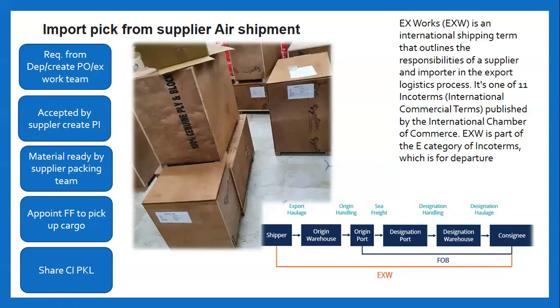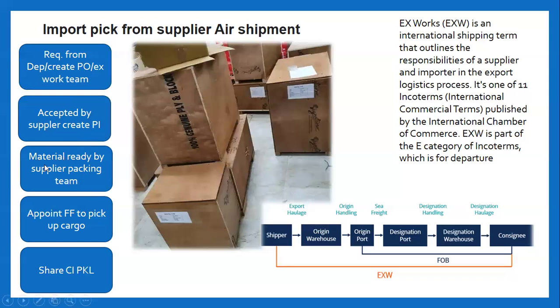Then point number 3, which is material ready by the supplier's packing team. Once the supplier prepares the commercial invoice, he immediately intimates his production team to make the goods ready as per the purchase order.